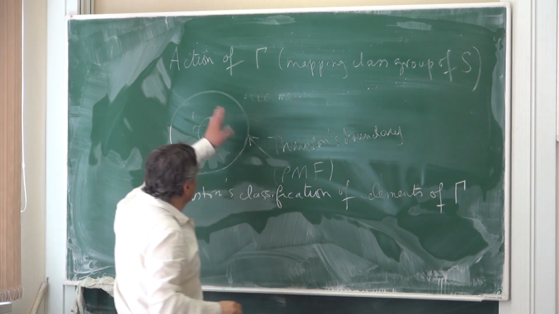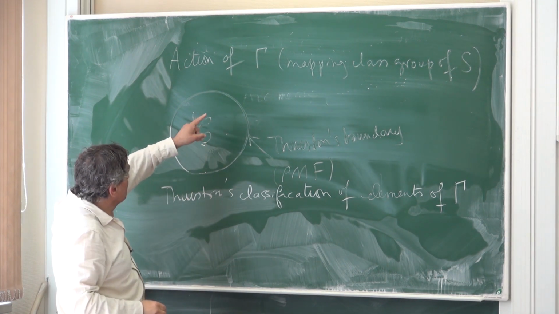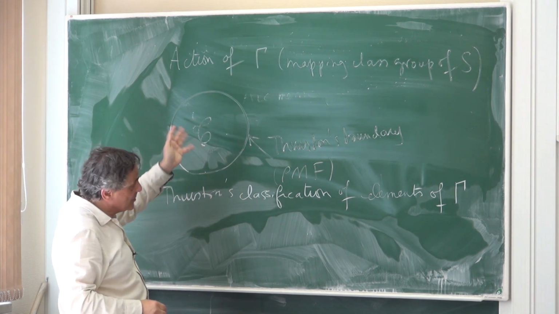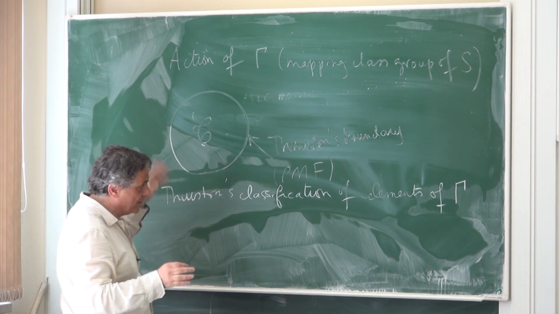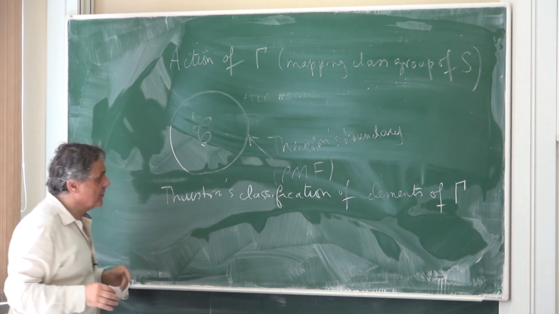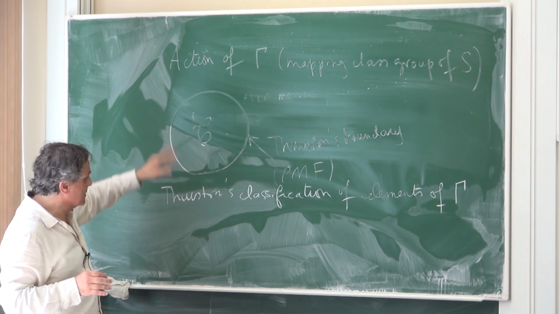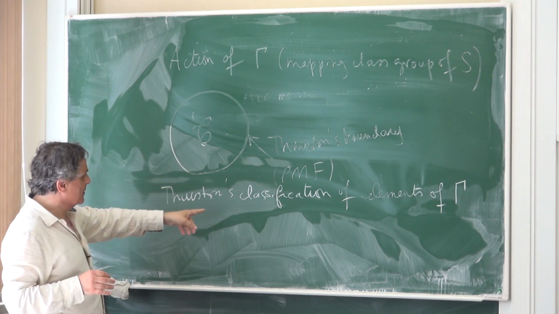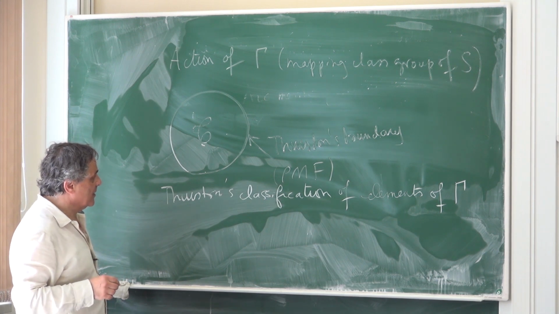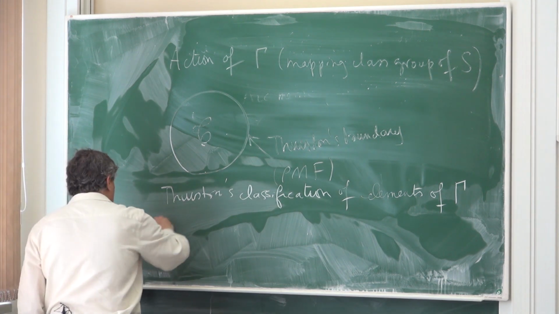So again, I don't care today about whether the elements of gamma are orientation preserving or not. I mean, we have to deal with this if we talk seriously about this. If we are writing a paper, we have to. But let's not deal with this. So Thurston's classification of the elements of gamma is obtained.